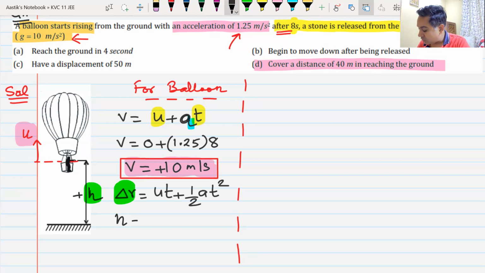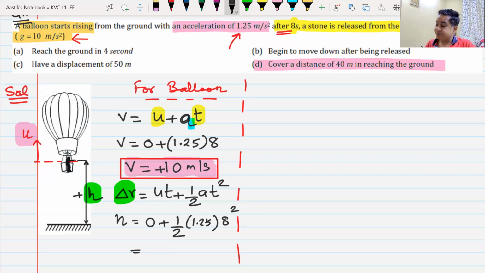So h is equal to initial velocity for the balloon, which is 0, plus half, acceleration of the balloon is 1.25, into time, which is 8 square. From here I will get the value of h, the height where the balloon was after 8 seconds.